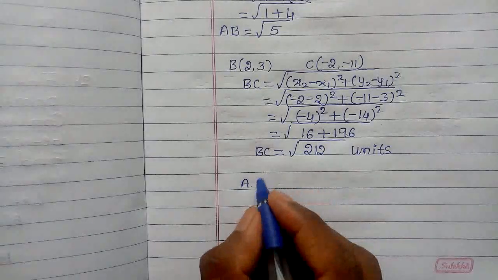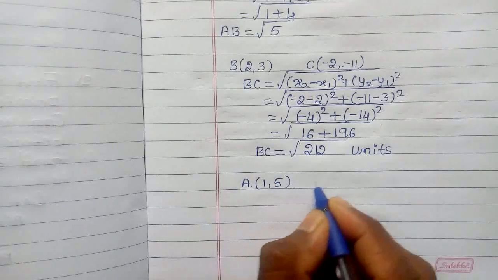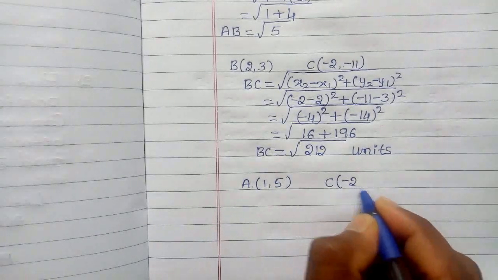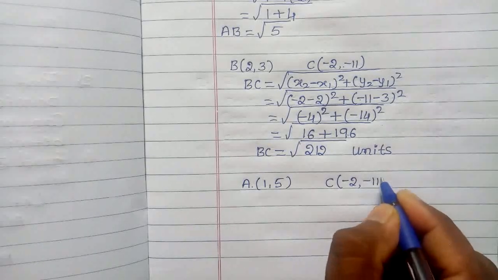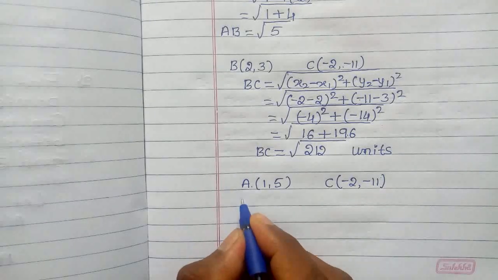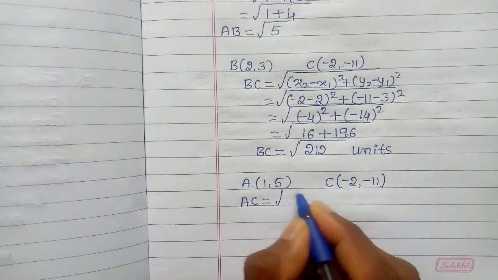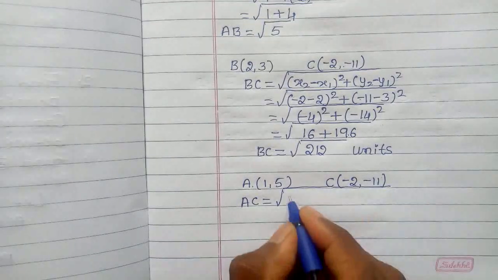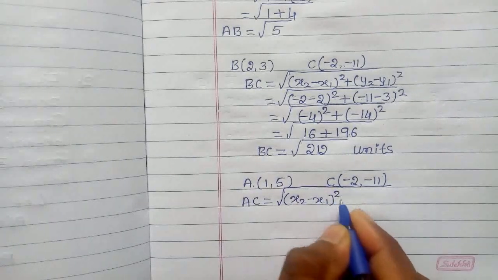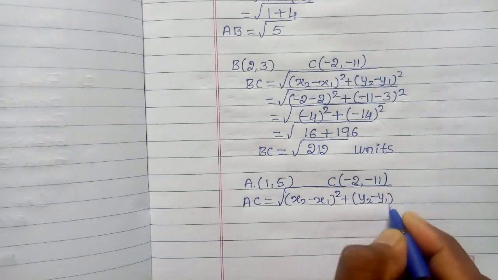Then we have to calculate the distance of point A to C, that is AC. A coordinates are 1 comma 5. Then C coordinates are minus 2 comma minus 11. AC is equal to square root of, we know the formula, (x2 minus x1) whole square plus (y2 minus y1) whole square.